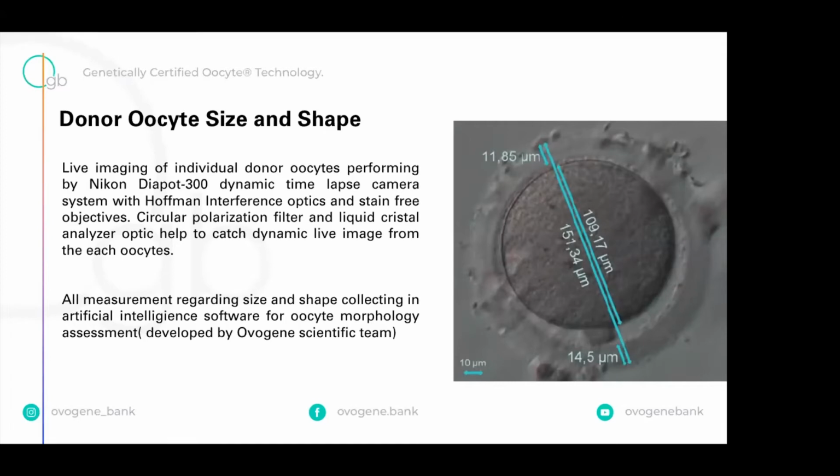That gives us a direct performance measure for the quality of each oocyte we consider for the freezing process. All measurements regarding size and shape are collected by the artificial intelligence software.